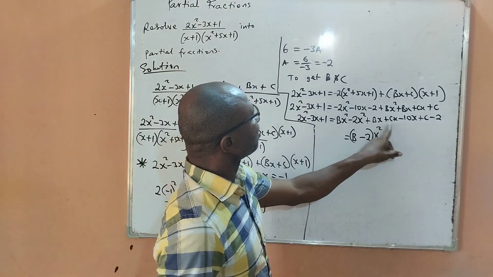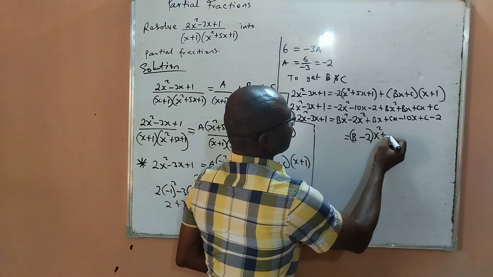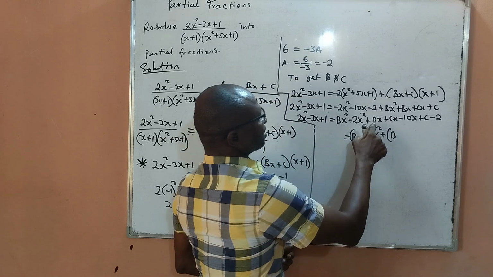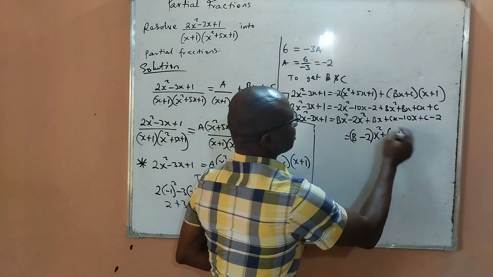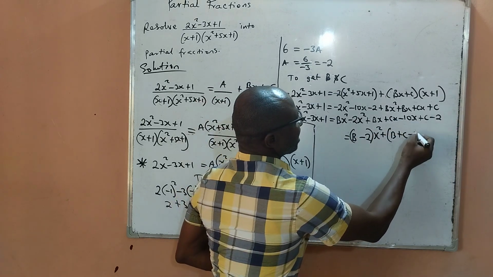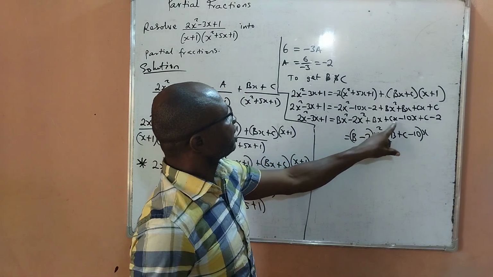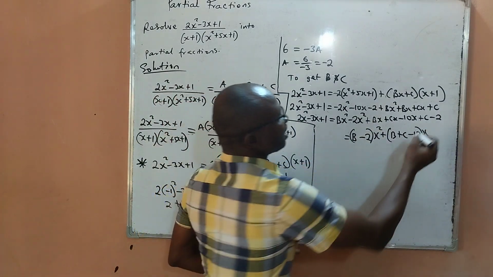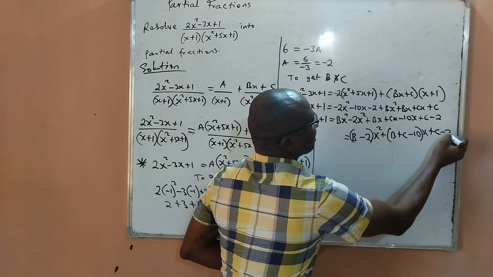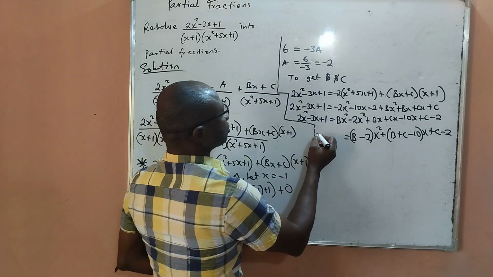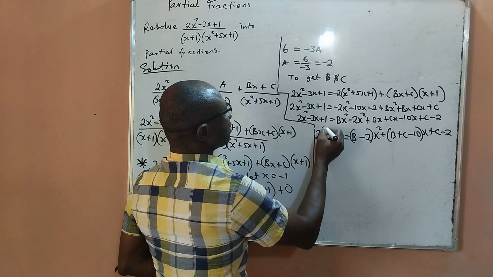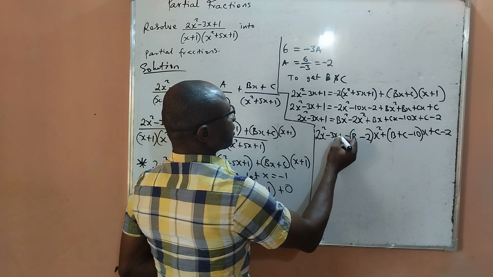Next, I want to factor x alone here. That is going to give me b, then plus c, then minus 10, then x is factored out. And lastly, I have c minus 2. It is still equal to 2x squared minus 3x plus 1.